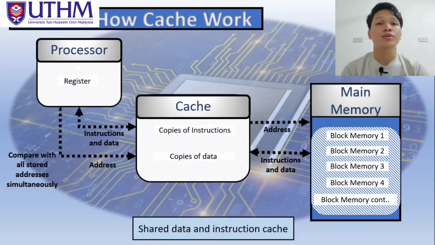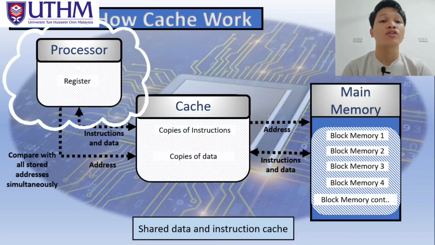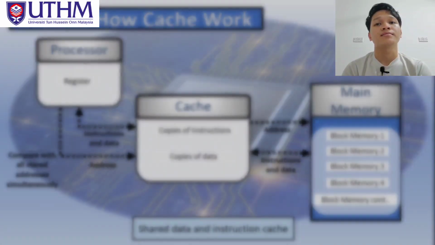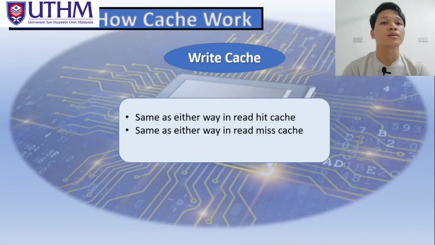Now I will show how a read miss happens. From this processor, if the data requested is not available or not valid, it will go back to our main memory, and after that transfer to the cache and insert back to our processor. After that, back to our slide.